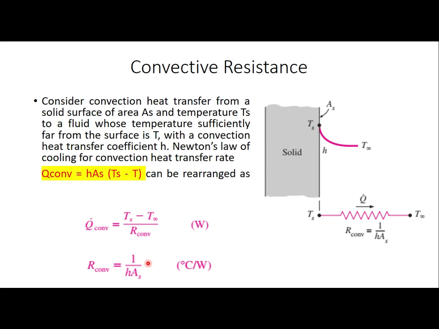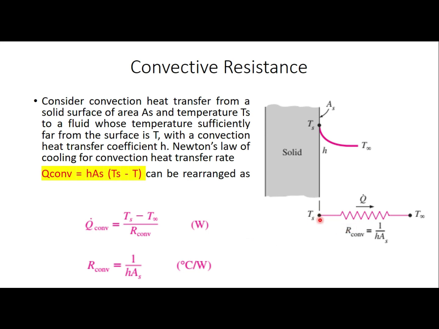So this resistance R by the convective heat transfer would be equal to 1 over hA. So what will happen if the surface area is very high? This R will be very low, and if R is very low, then the convective heat transfer would be very high.